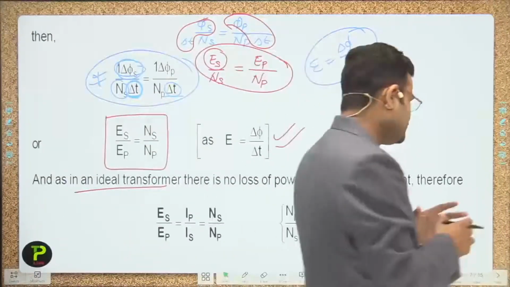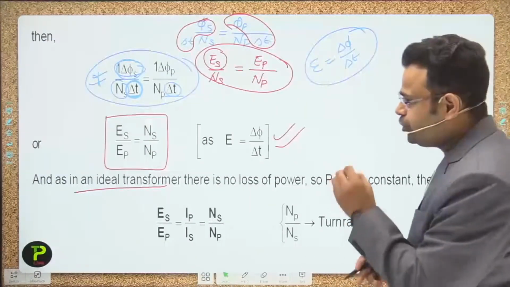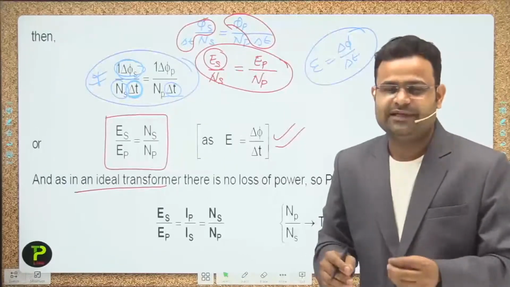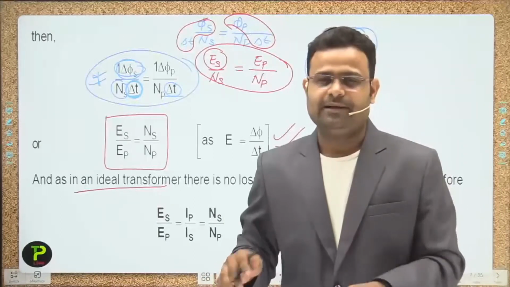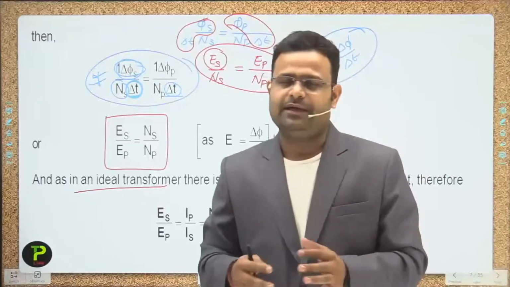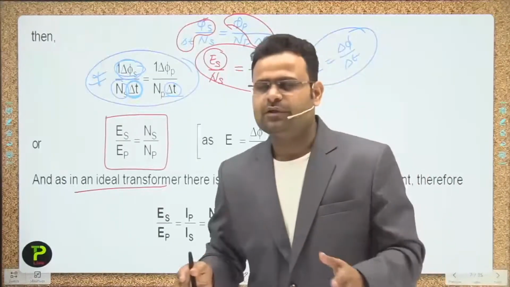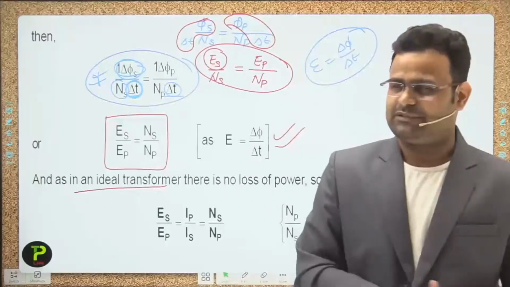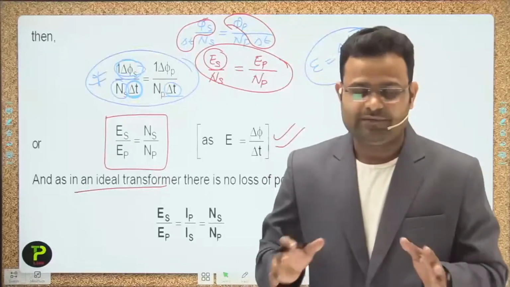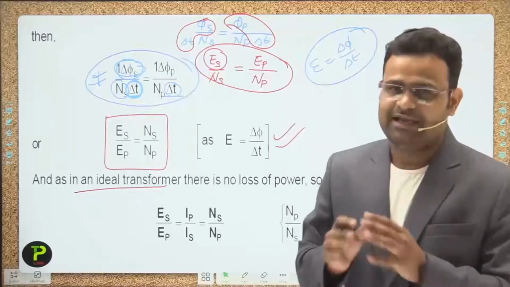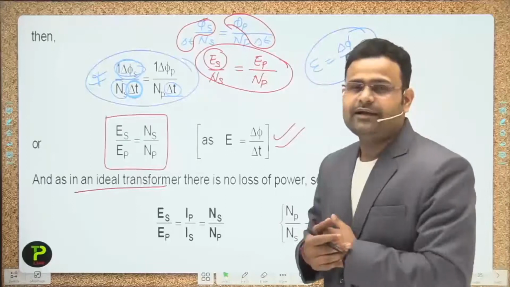Nothing is ideal in that case. Losses are present every time. No one has 100% efficiency. Any transformer doesn't have 100% efficiency.